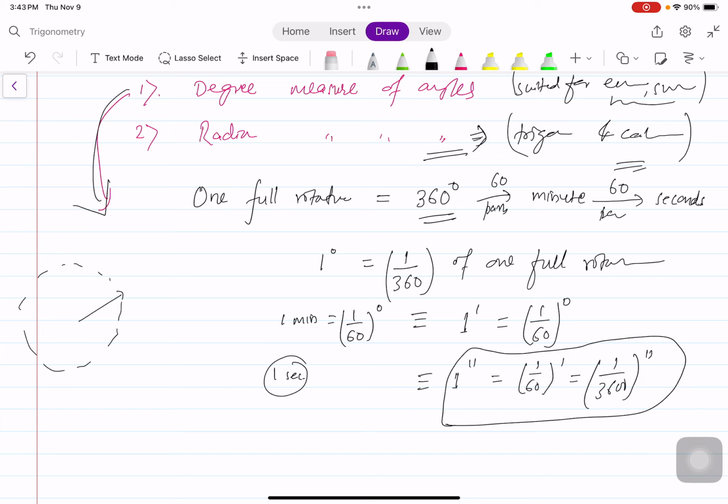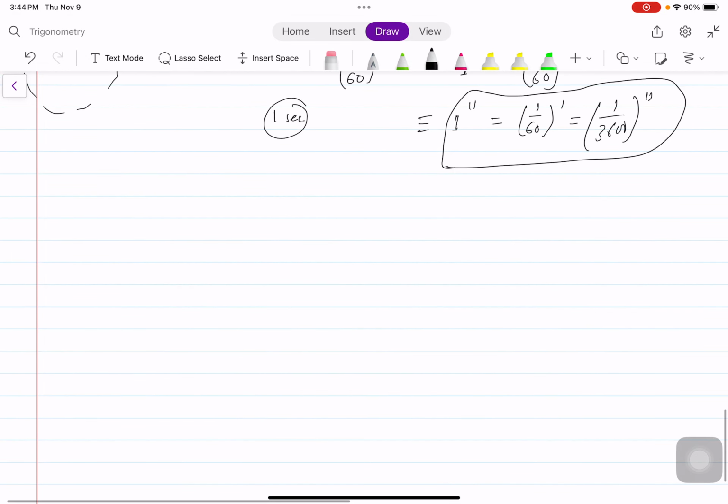Next we have special names of certain angles.